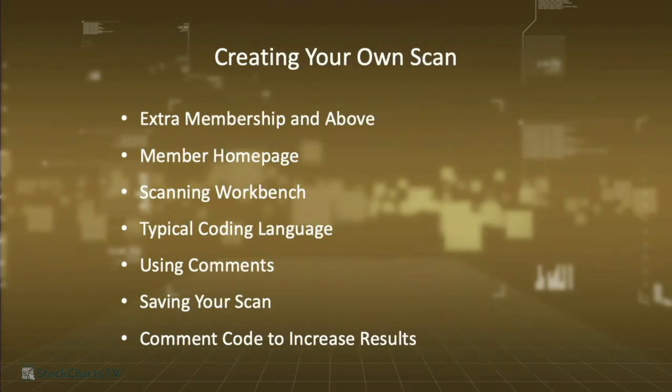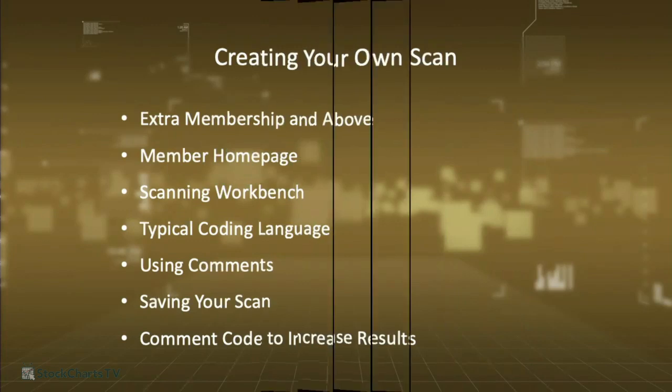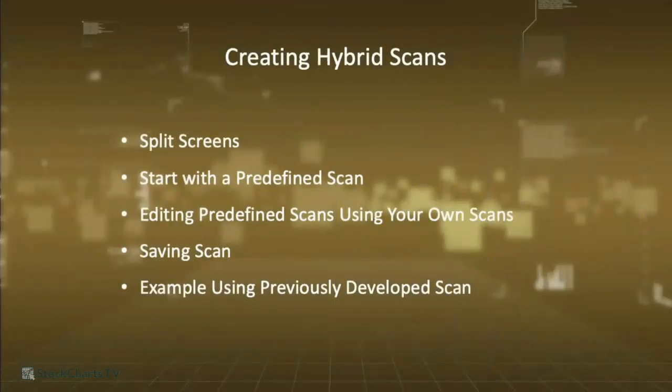If you go to YouTube, I suspect you can find it on the StockCharts YouTube channel. I recommend you go check that out if you want more detailed information on how to create a scan. And then I'm going to show you how to create what I call a hybrid scan, which takes a predefined scan and you just add your own stuff to it.